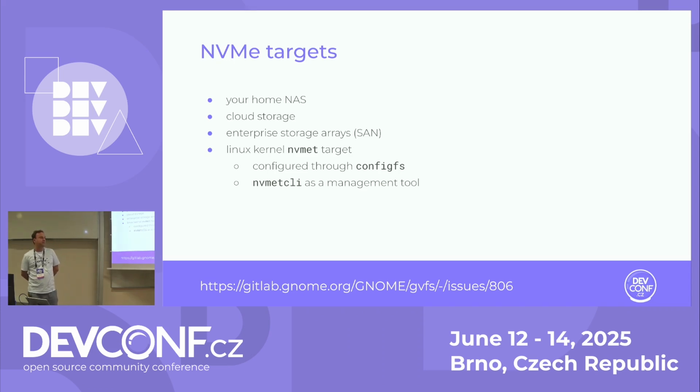And in your home network, you can also configure a software NVMe target in a Linux kernel. Essentially, you don't need any external dependencies because this is built in the kernel. It's very similar to LIO target for iSCSI. And you can configure it through configfs, just creating a structure of symlinks and directories.